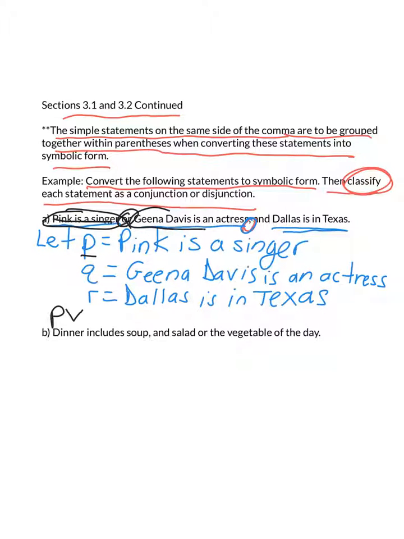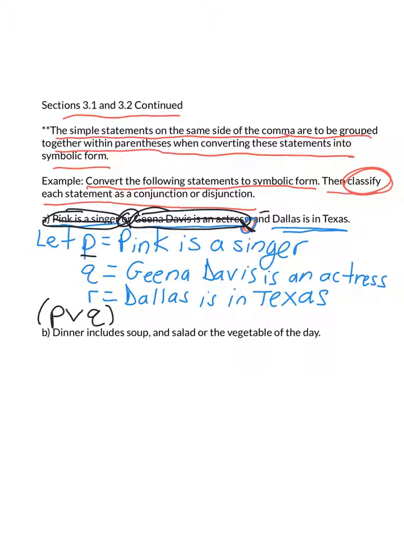Next up, Gina Davis is an actress, which is the letter Q. And because we then hit the comma, those 2 ideas, Pink is a singer or Gina Davis is an actress, because they're on the same side of the comma, both to the left of the comma, they need to be grouped within parentheses. So I'm putting parentheses around P or Q.